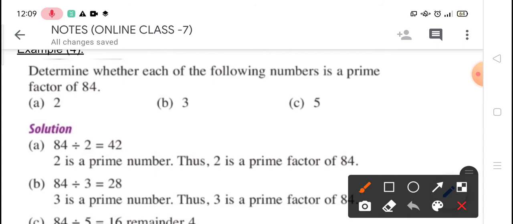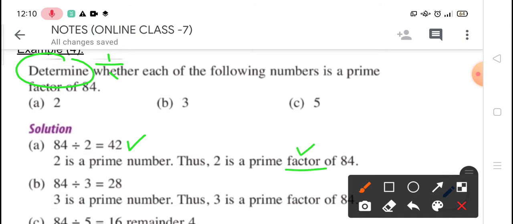Determine whether each of the following numbers is a prime factor. So the keyword here is determine. As I told you just now, when we are asked to determine, we are going to perform division. So we try 84 divided by 2. Yes, it can divide. If it can divide, that means it's a factor.